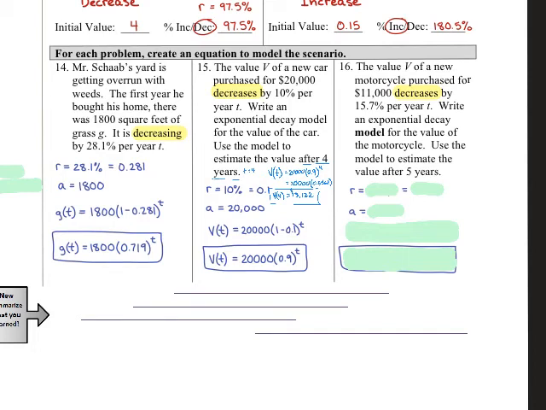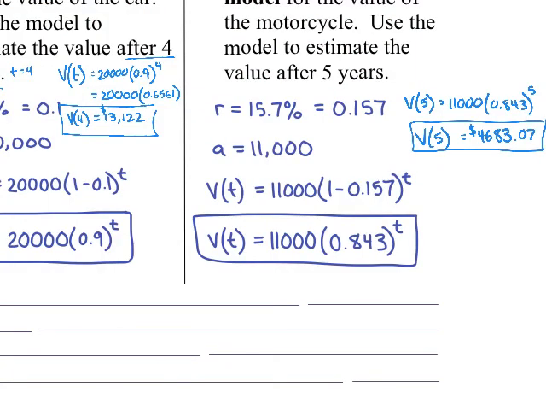Okay, so number 16, your R value should have been 0.157. It is a decrease, so we're going to subtract that from 1 inside the parentheses. Our starting value is 11,000. So there's our function, and if we plug in a 5 for t, after 5 years, t equals 5.